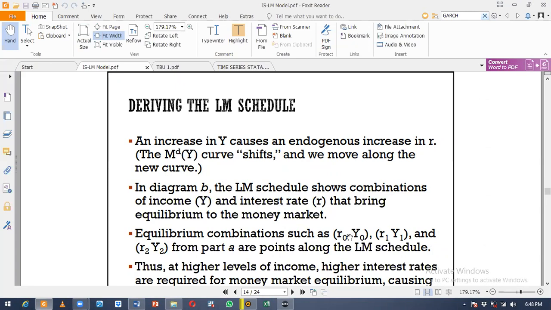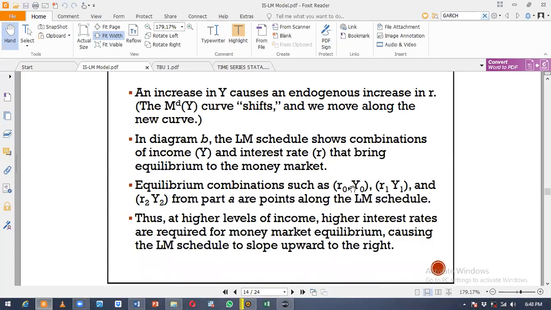The first point on the LM curve was point A, R0, Y0. Then income increased from Y0 to Y1, so interest rate had to increase from R0 to R1. This was point B, and then this is point C. What this means is that at higher levels of income, we also have higher interest rates.